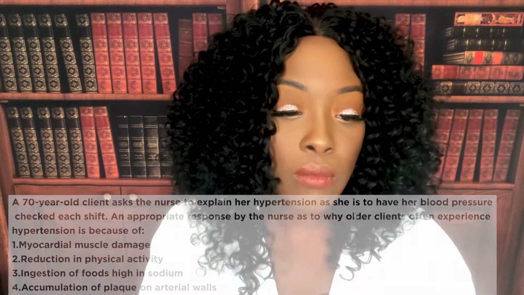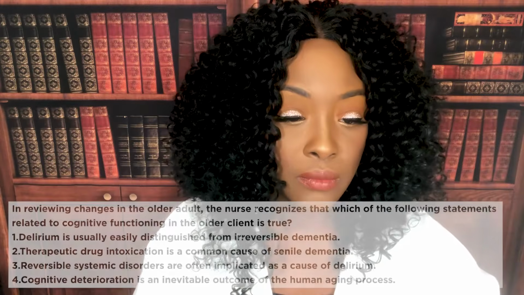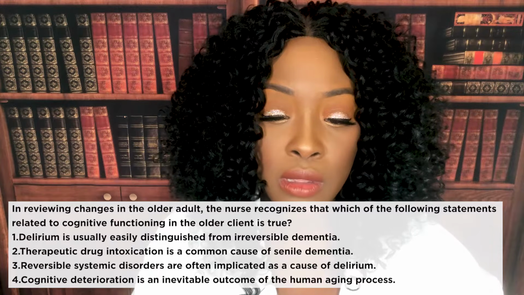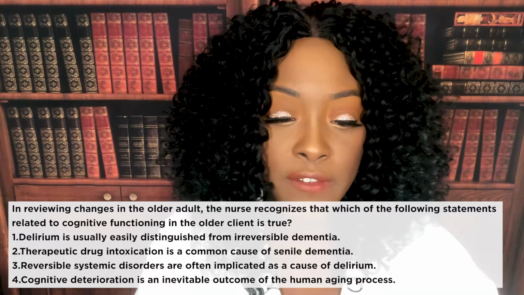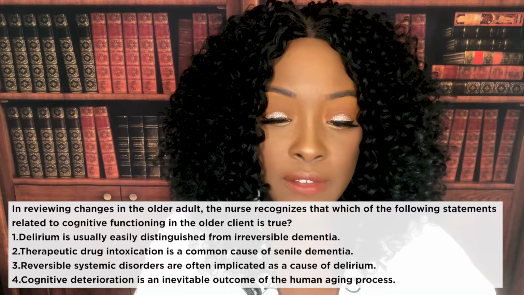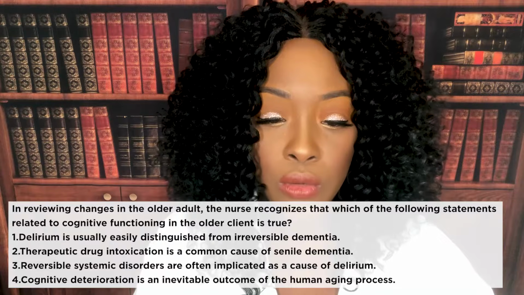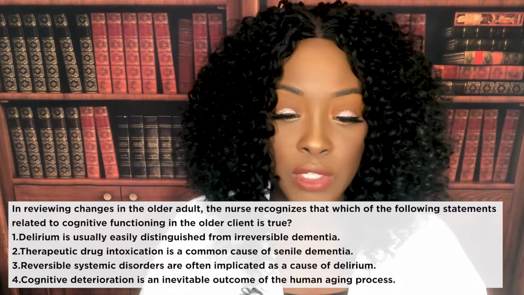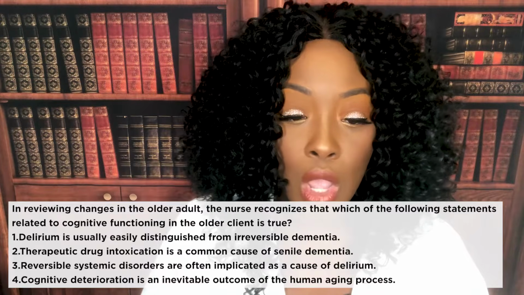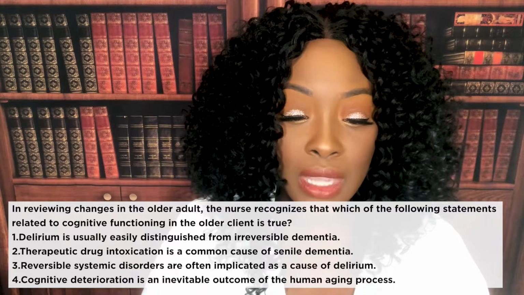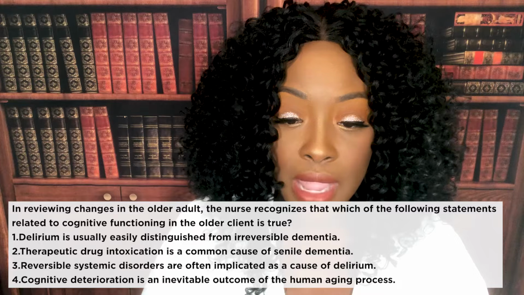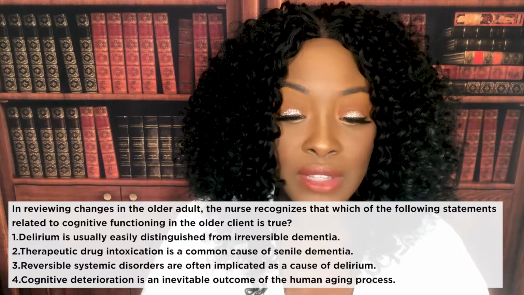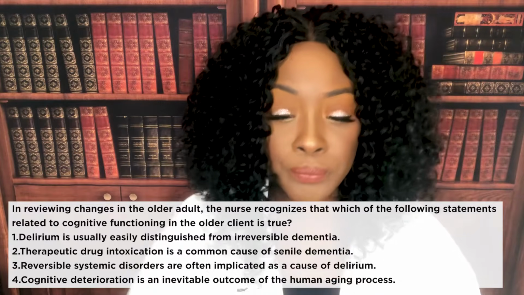Okay? Next question. In reviewing changes in the older adult, the nurse recognizes that which of the following statements related to cognitive functioning in the older adult is true? 1, delirium is usually easily distinguished from irreversible dementia. 2, therapeutic drug intoxication is a common cause of senile dementia. 3, reversible systemic disorders are often implicated as a cause of delirium.